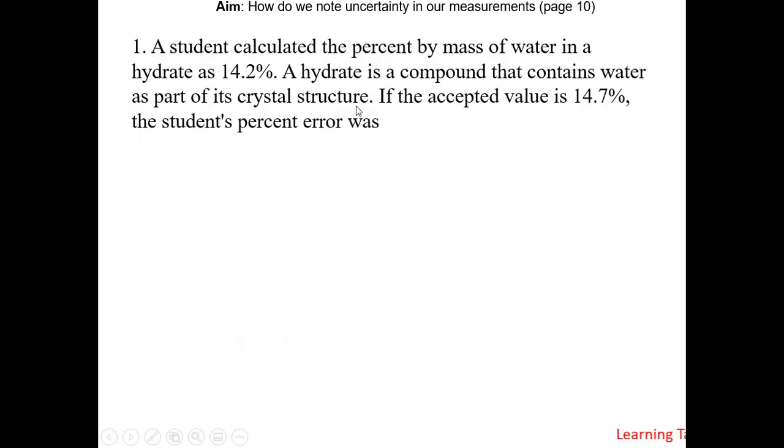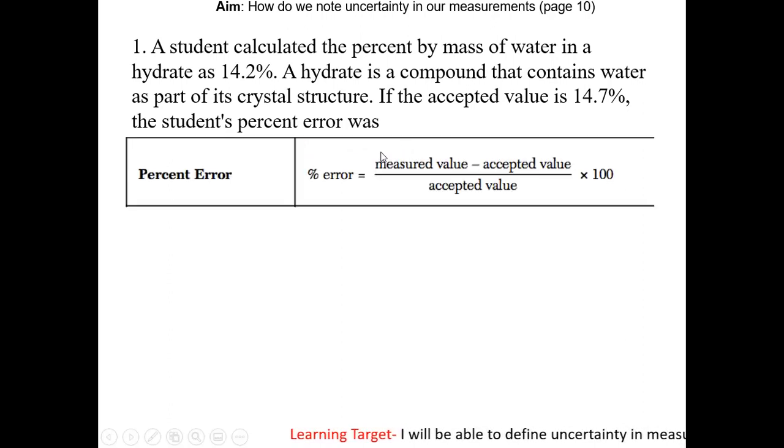So let's do a Regents free response question. A student calculated the percent by mass of water in a hydrate as 14.2%. A hydrate is a compound that contains water as part of its crystal structure. If the accepted value is 14.7%, the student's percent error was what? So we have to use Table T. All right, we just plug these numbers into this equation.